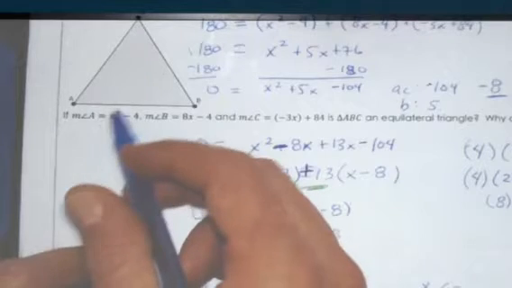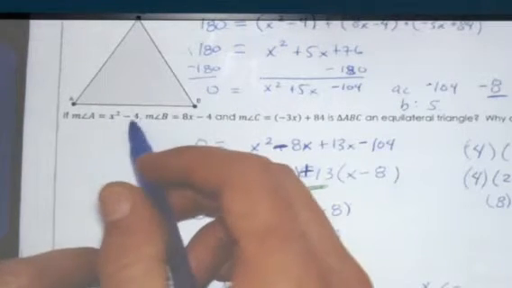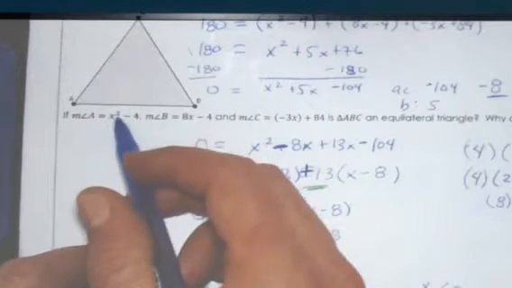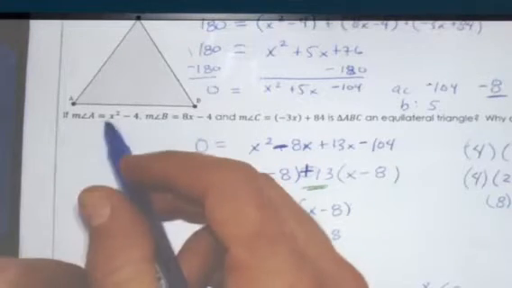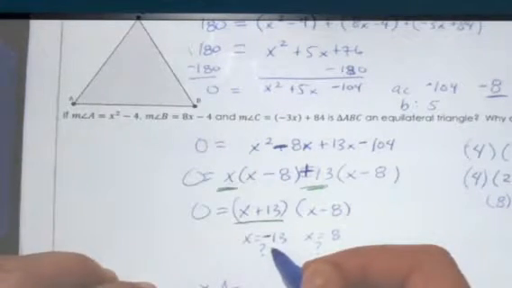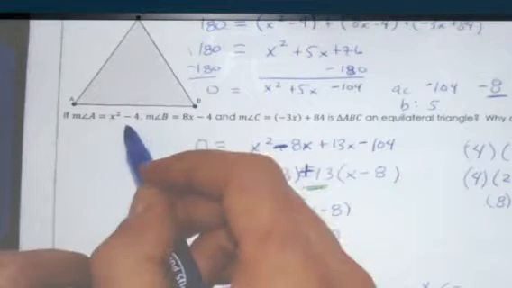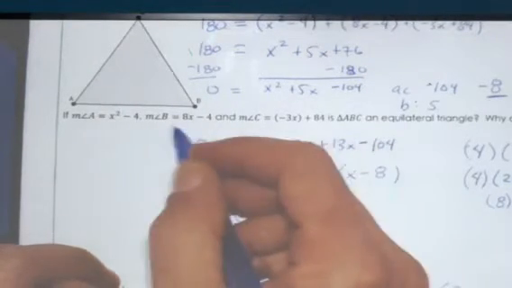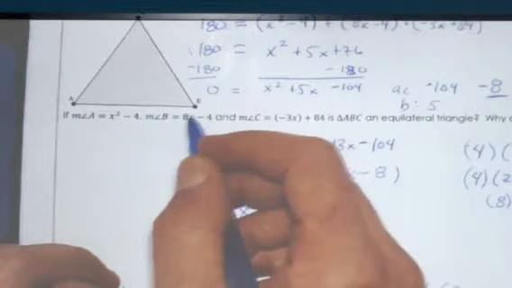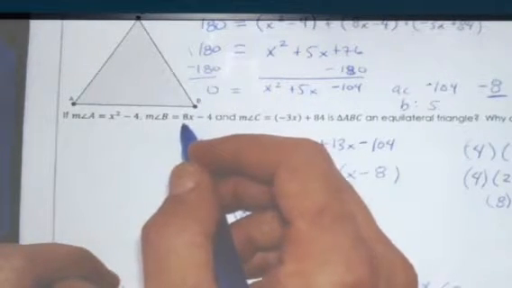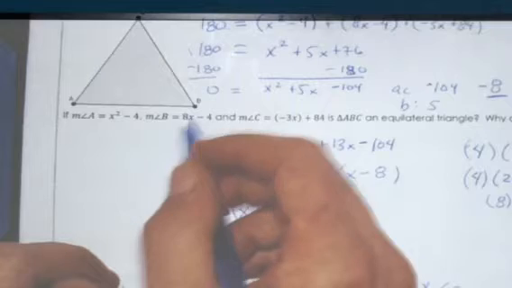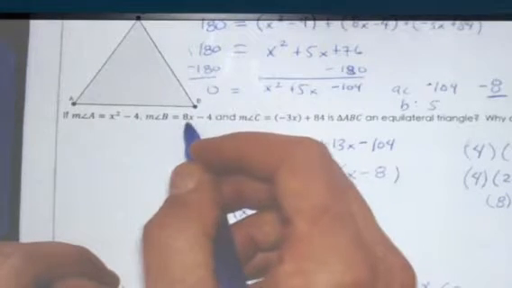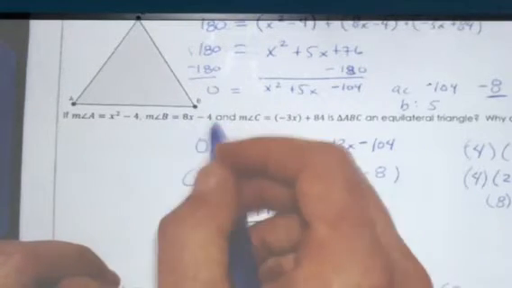That's positive 169. Minus 4 is positive 165. So we're okay over here. We could use x equal negative 13 for angle A. However, if we look at x equal negative 13 for angle B, we'll have negative 13 times 8 is negative 104. Then negative 104 minus 4 is negative 108.